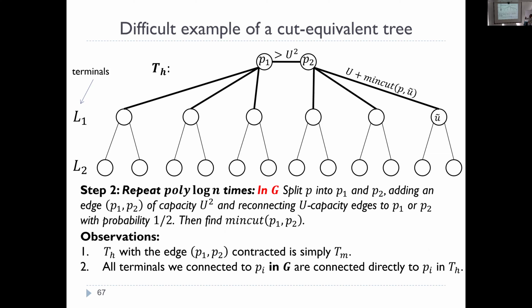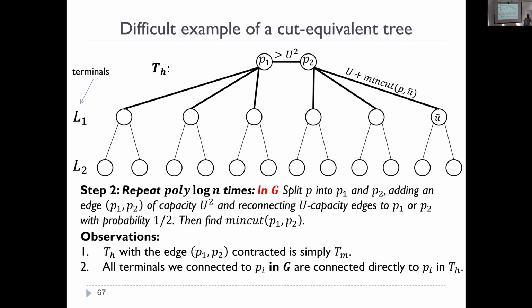Now, in the second step, we repeat the following in G, again polylog n times. What we do in G is we take the pivot and we split it in half. We now have two pivots, P1 and P2. We add an edge of infinite capacity U squared, so it's a little bigger even.